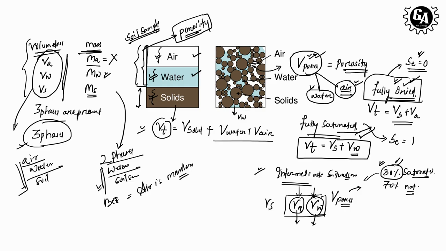This is the volume of pores, and some amount of this volume of pores is filled by water and some is not filled, which means air is present in between. These three cases are important.